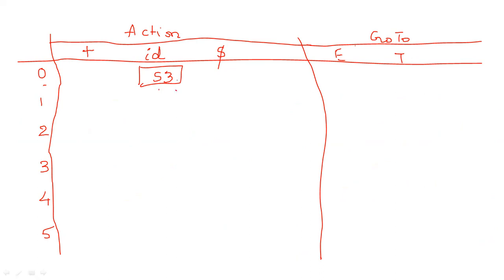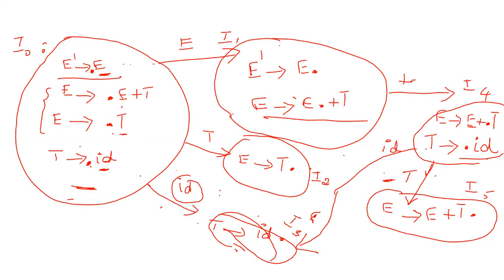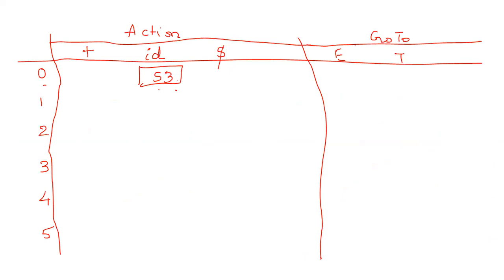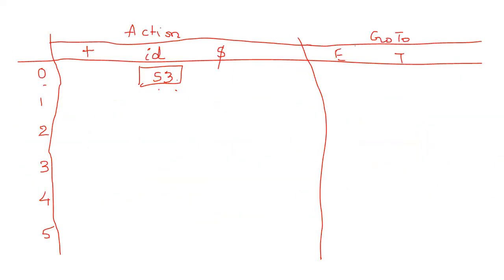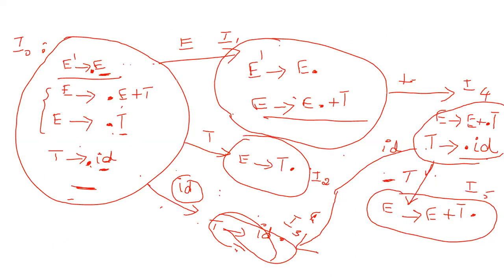For 0, will I give plus as input? No, I will not give plus as input, and also I will not give dollar as input. Let us move to the I1 state. Here I can give plus as input, which is a terminal. For state 1, if I give plus as input, it will transit to a new state I4.